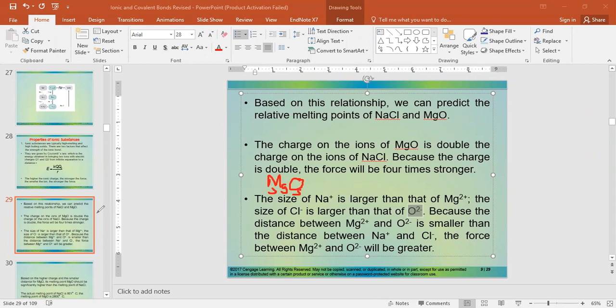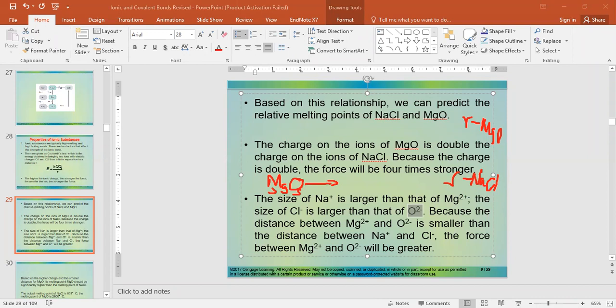We have explained that. It means that now this is two small particles. And if there are two small particles, you'd expect the radius also to be smaller. Therefore, the R here is smaller for MgO, and the R is going to be bigger for sodium chloride. Is that understood?